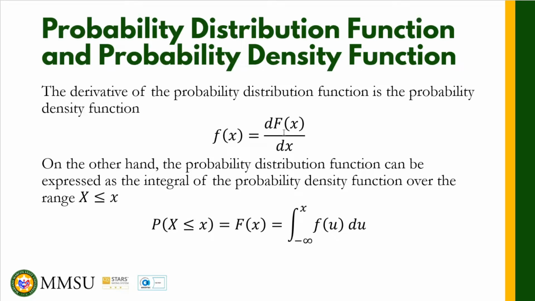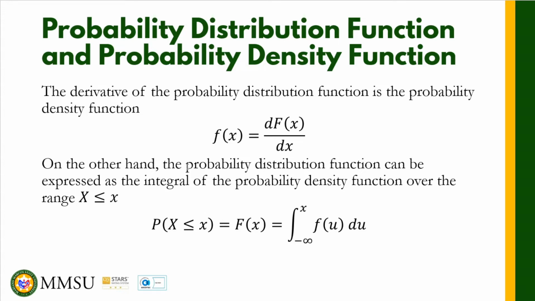So the derivative of the probability distribution function is the probability density function. If we want to get the probability density function, we just need to get the derivative of the probability distribution function. On the other hand, if you want to get the probability distribution function, we just need to take the integral of the probability density function. That's just the mathematical relationship between the two.